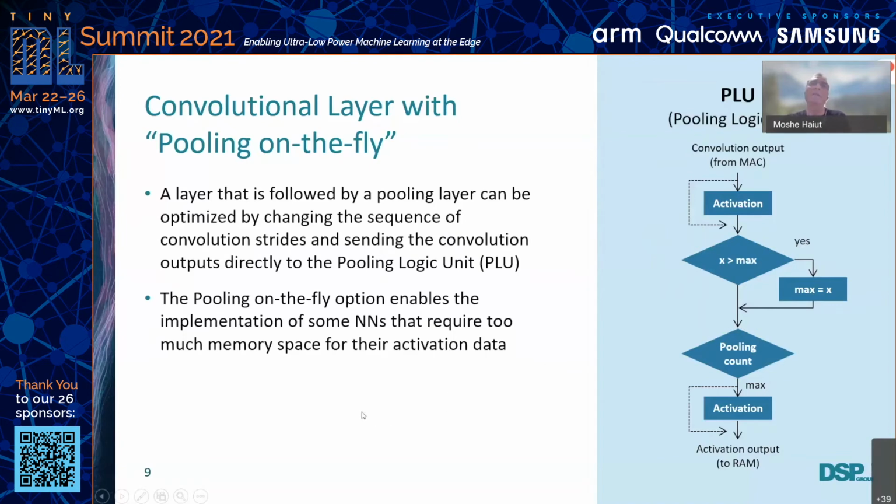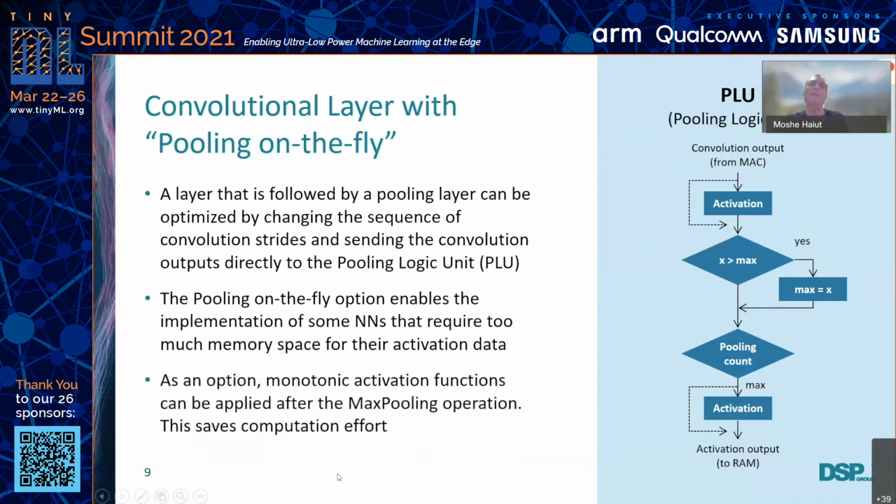And also the AGU has to make some different strides over the input map in order to provide all the max pooling series into this unit, so that it can decide which is the maximum value.